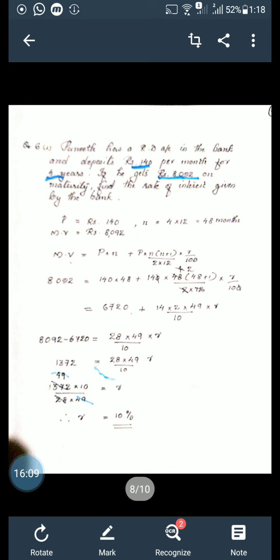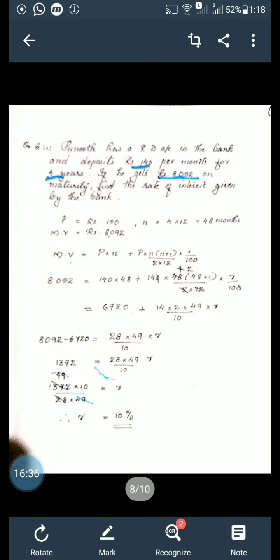Substitute these things in that formula. 8,092 is equal to 140 into 48 plus 140 into 48 plus 1, directly you can write 49, into R divided by 2 into 12 into 100.